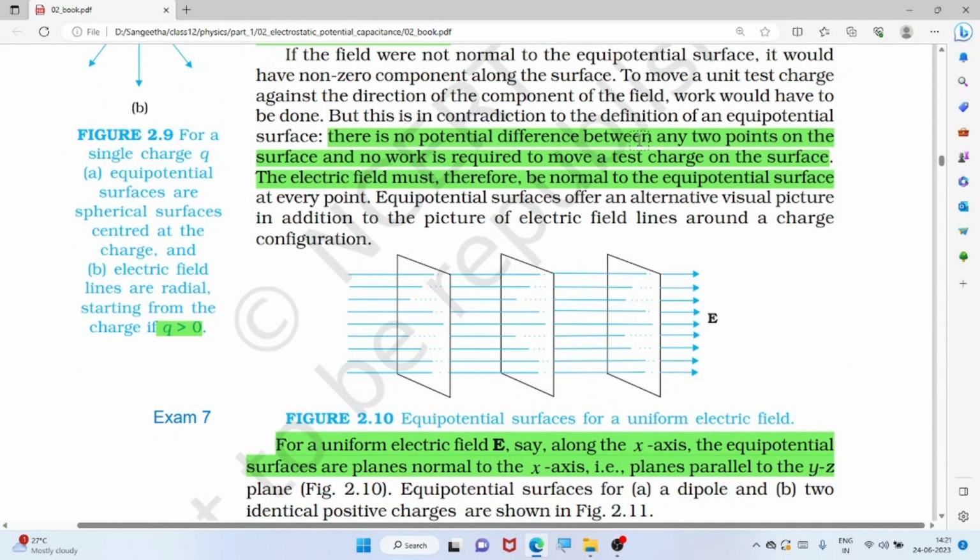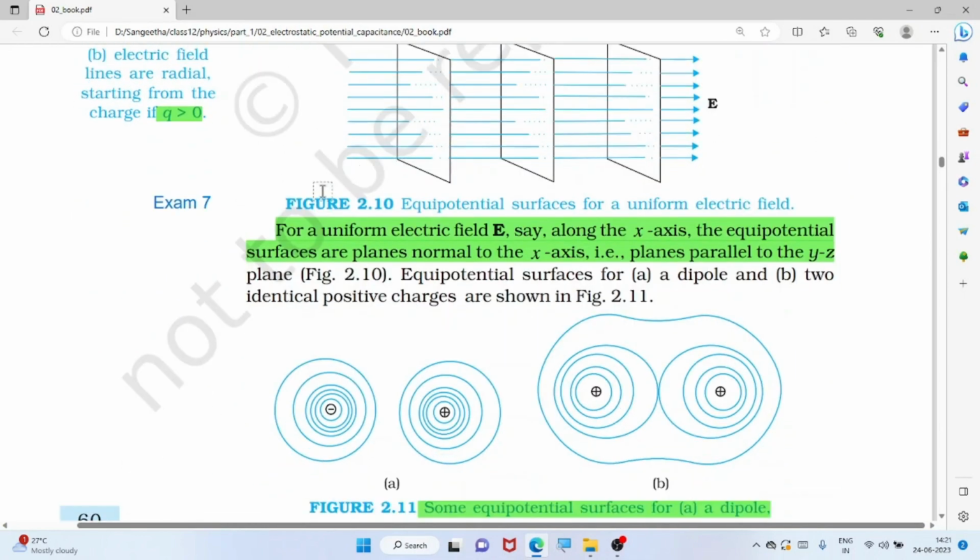There is no potential difference between any two points on the surface, and no work is required to move a test charge on the surface. The electric field must therefore be normal to the equipotential surface. For a uniform electric field along the x-axis, the equipotential surfaces are the planes normal to x, that is, the YZ plane.